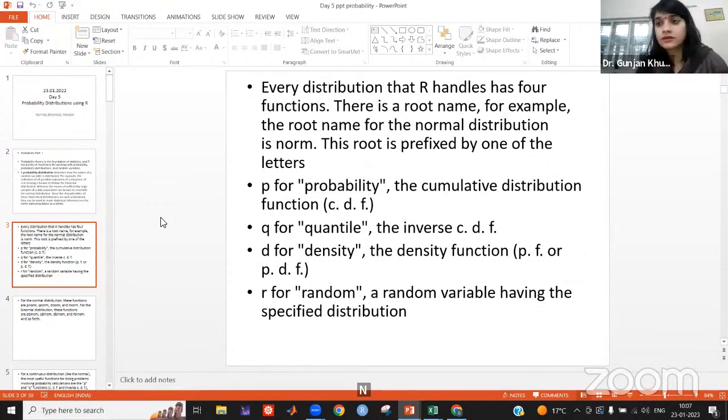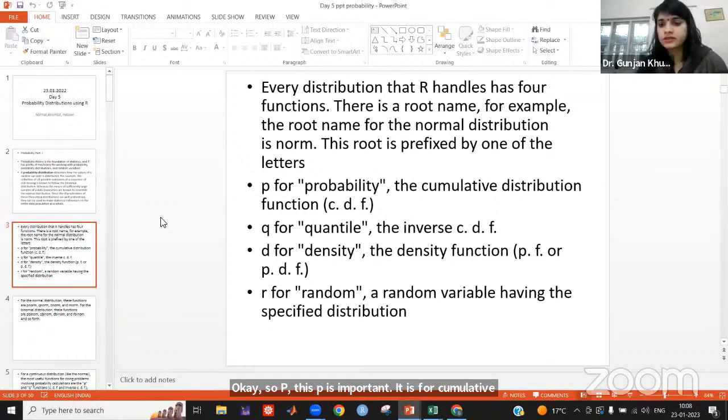If we have to calculate the cumulative distribution of the binomial distribution, we'll write pbinom. For the Poisson distribution, we'll be using ppois. So this p is important. It is for the cumulative distribution function. This is all you have to remember.